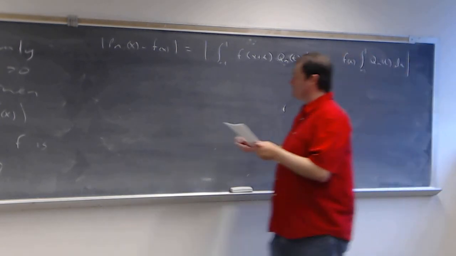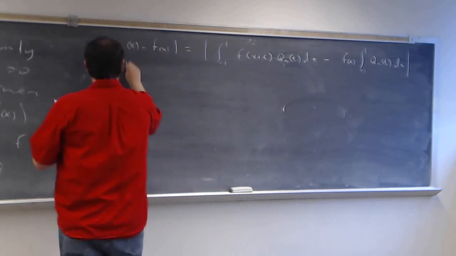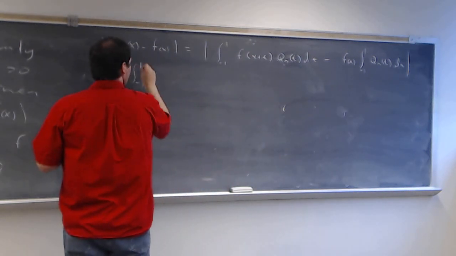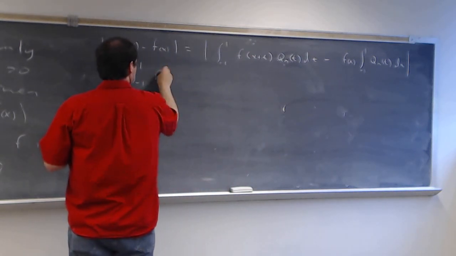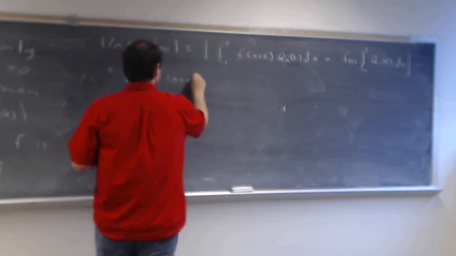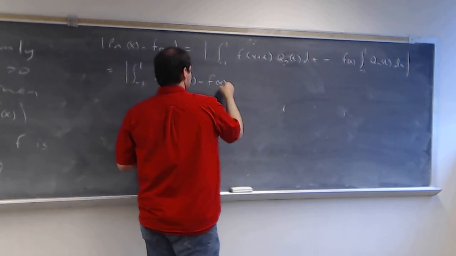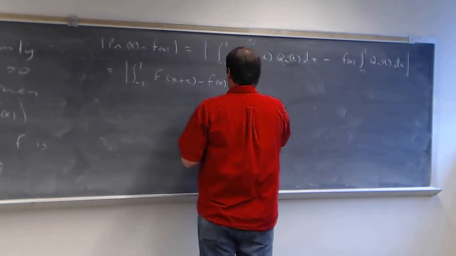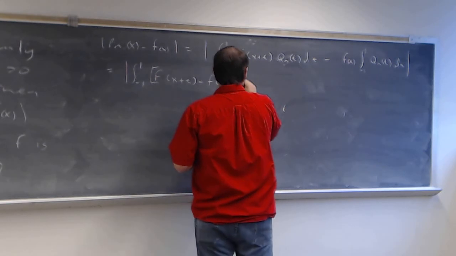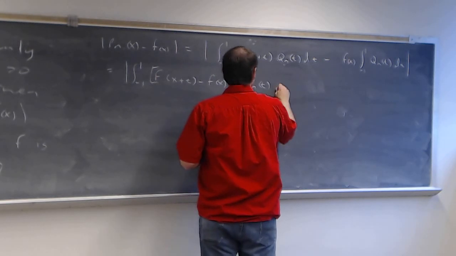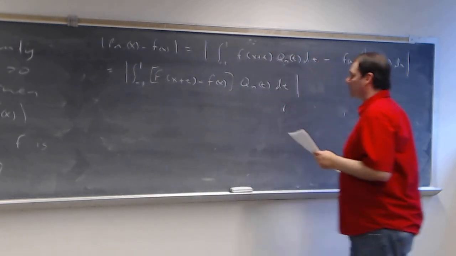Now this is equal to the integral from minus 1 to 1 of f of x plus t minus f of x, times q sub n of t dt. So we combine it into one integral.